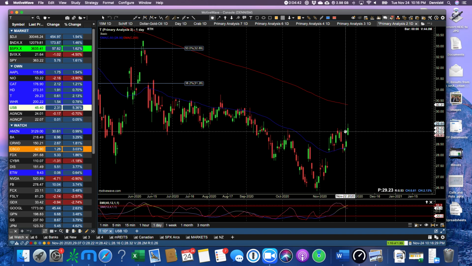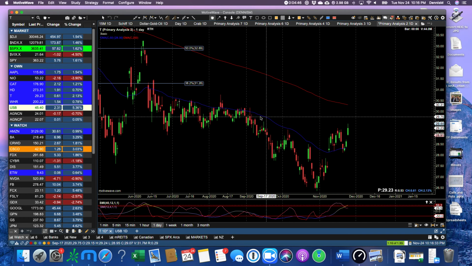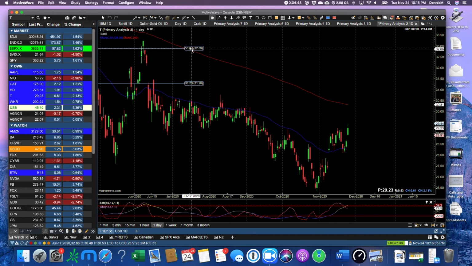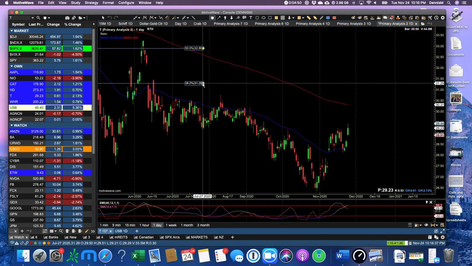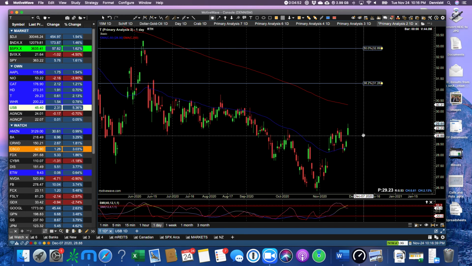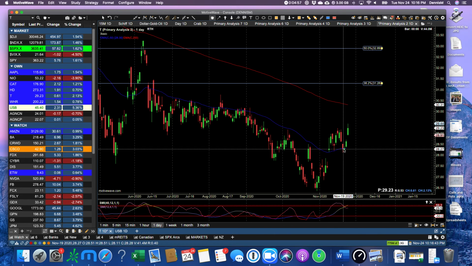Look at that. This is a stock that's still over 7% dividend and approaching 38.2%, but still a long way to go, but getting support on the 50.